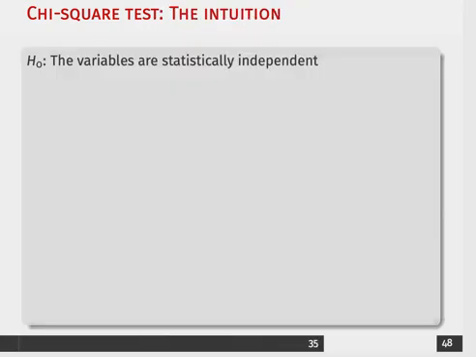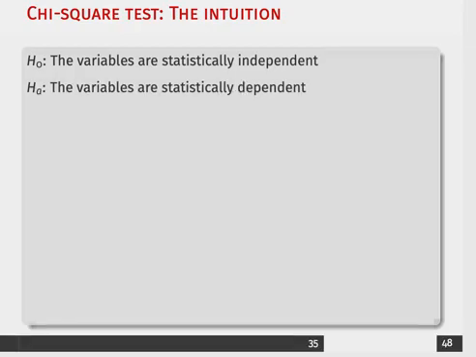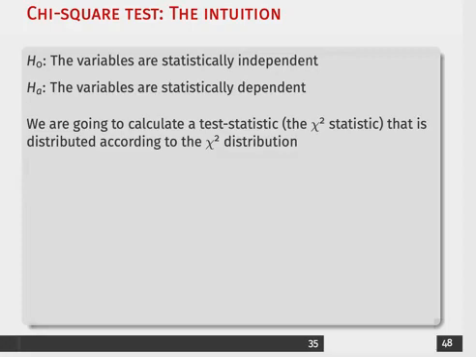In order to set up a chi-square test of independence, we again are going to be using a hypothesis testing framework such that our null hypothesis is that the variables are statistically independent. So if we have sufficient evidence to reject the null, we may be more confident to say that the variables are statistically dependent.